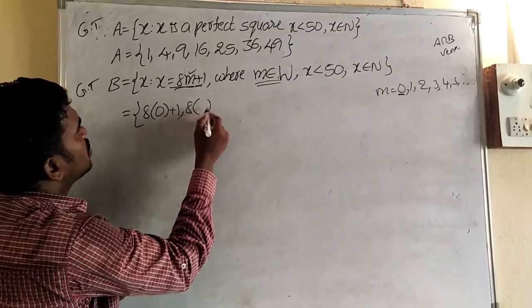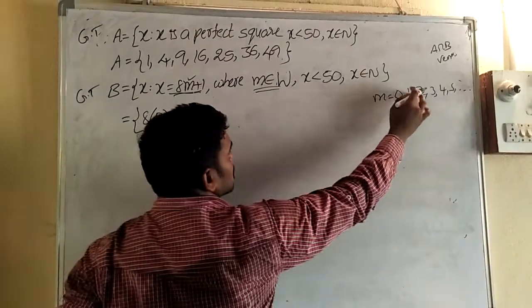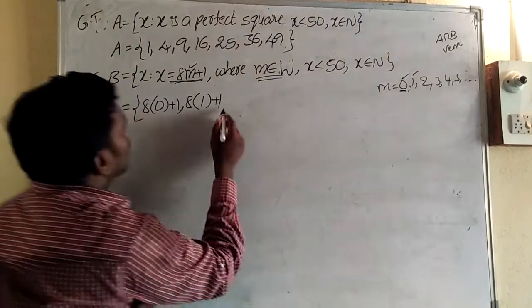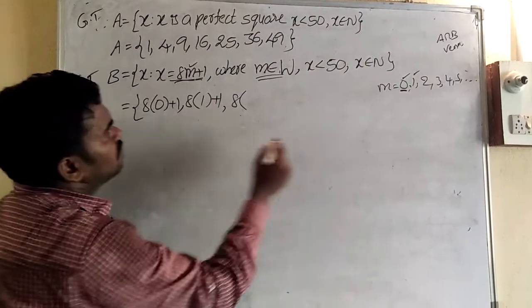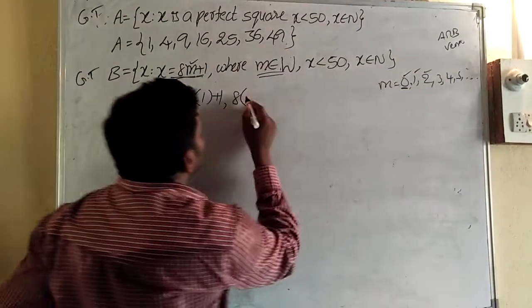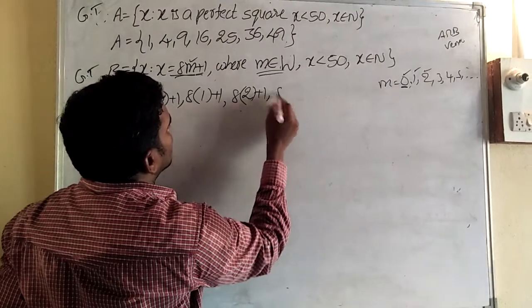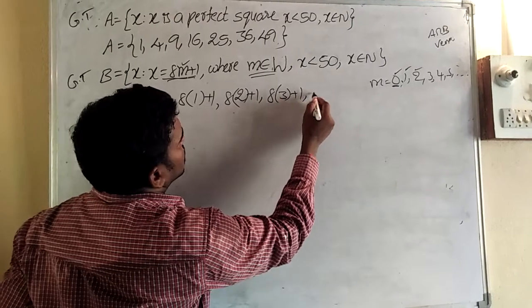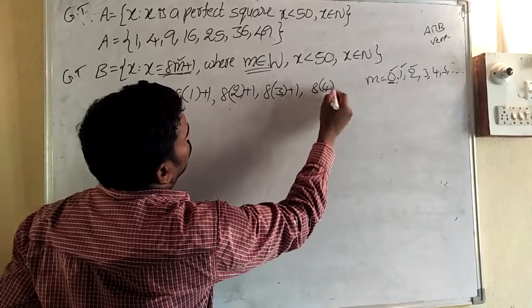Next 8 into 1 plus 1, comma 8 into 2 plus 1. Next 8 into 3 plus 1. Next 8 into 4 plus 1.